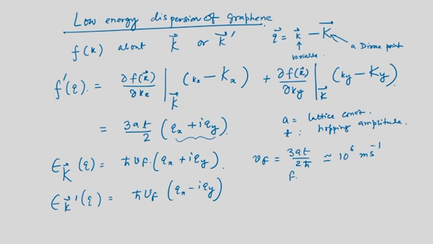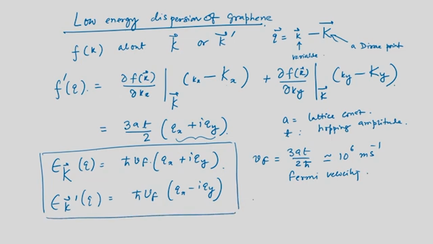This is called the Fermi velocity. This is very important. This gives the low energy dispersion of graphene.